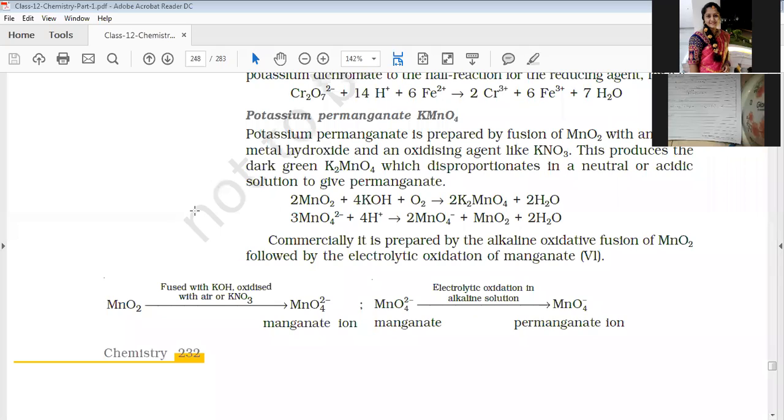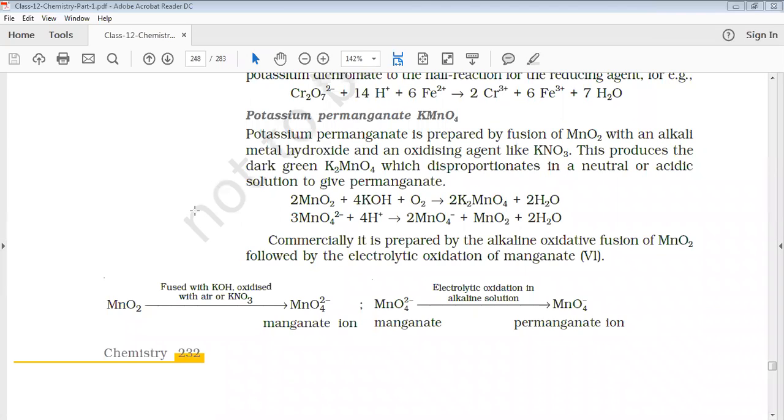NCERT book you can see the better reactivity. So you just see here.